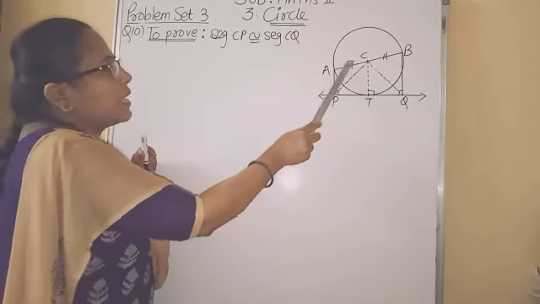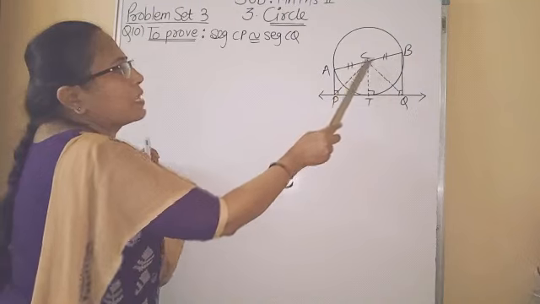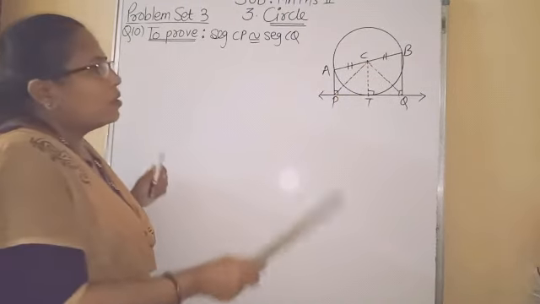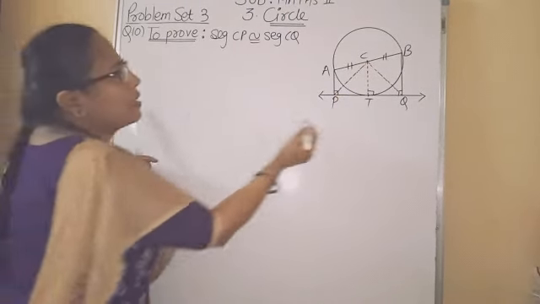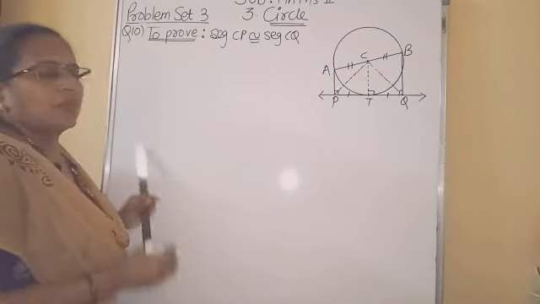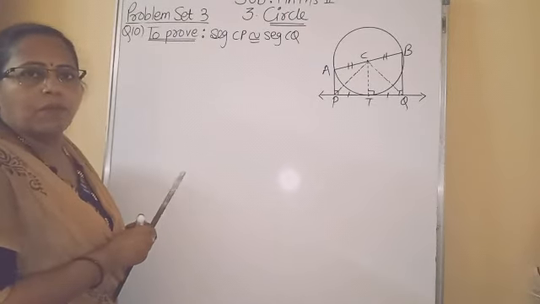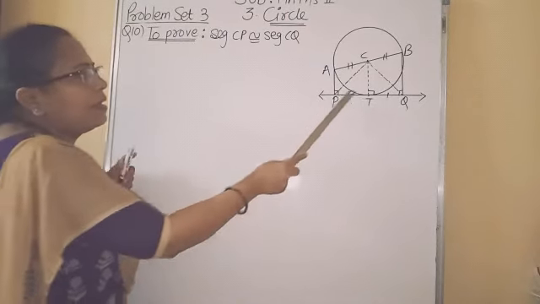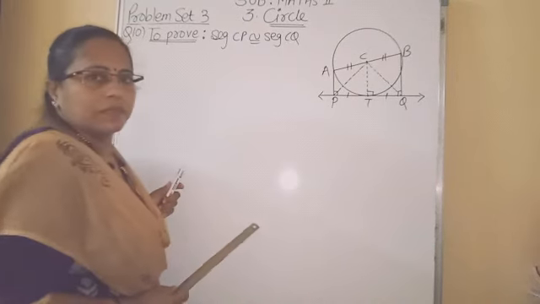That means here if AC is equal to CB, because they are radii of the same circle, so we will get PT equal to TQ, followed by the property of three parallel lines and their intercepts.